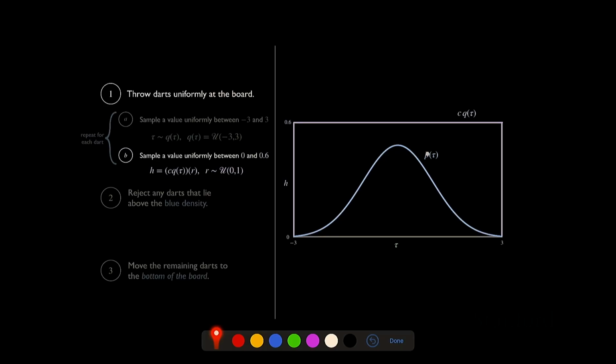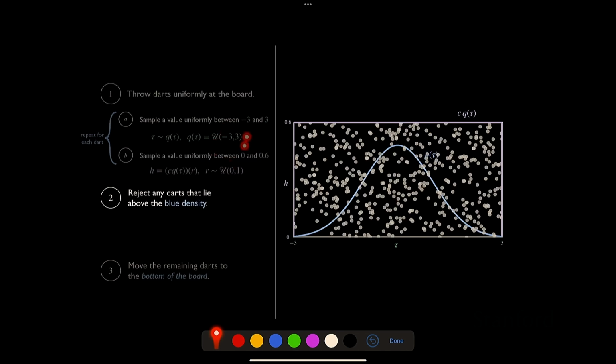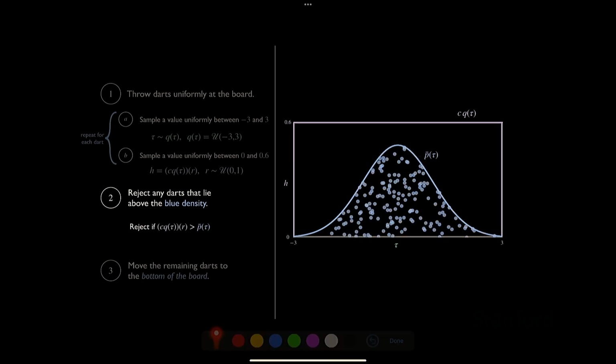Okay. So the next thing that we do, we now have sampled all of our darts using this process. And then we're going to reject any darts that lie above the blue density. Mathematically, that means we look at this value that we got for the height, and we check if it's higher than our unnormalized target density that we're trying to sample from. And if it is, we reject it.